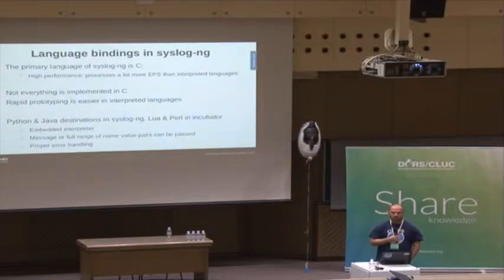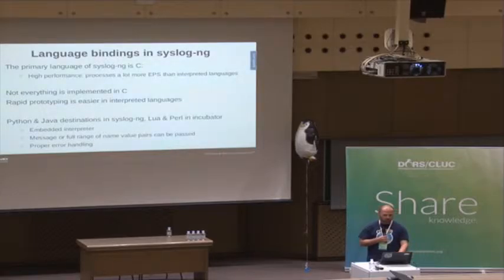In all cases, the interpreter is embedded into syslog-ng, so it's not a separate process, which makes proper error handling possible and also makes it easier to handle any kind of data between syslog-ng and the scripts.